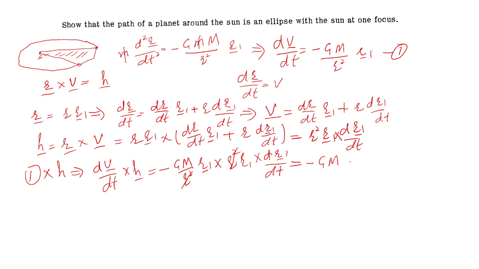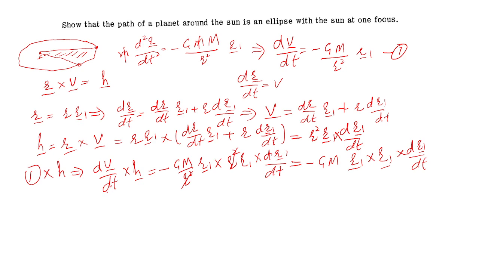So r1 cross r1 cross dr1 dt. So this is a vector triple product, and we saw in the previous lecture an identity for it.